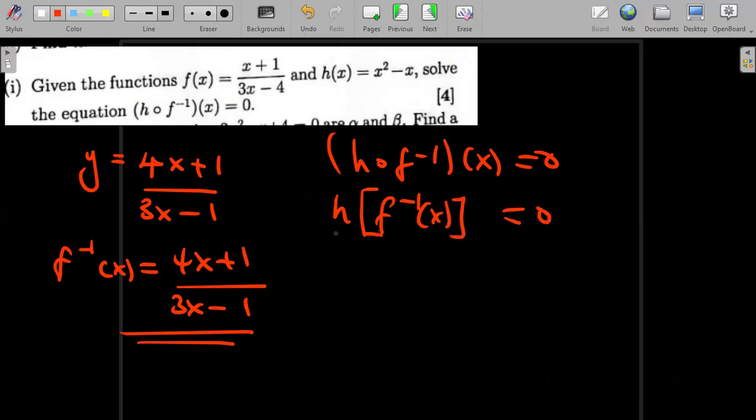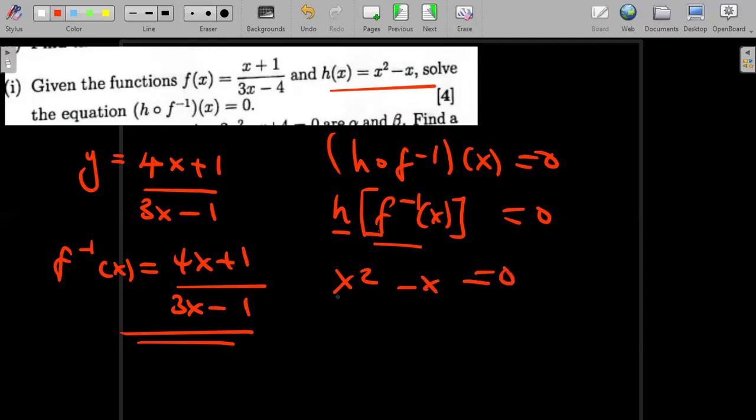So I'll have the function h of x, and where there is x in that function, I'll replace it with f inverse of x. My h of x is x squared minus x equal to 0.